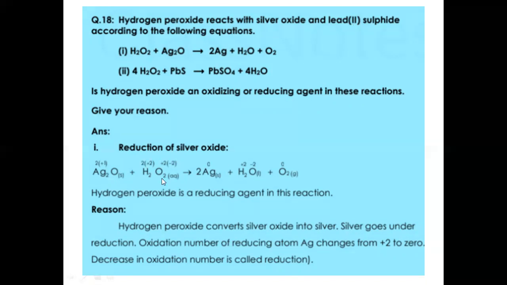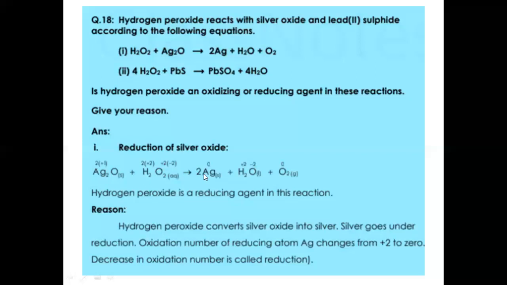First, we will assign oxidation states to all the elements, and then identify whether the oxidation state increases or decreases. You can see that silver is +1, we have two silver, +2, oxygen -2, one oxygen -2, for two it will be -1.